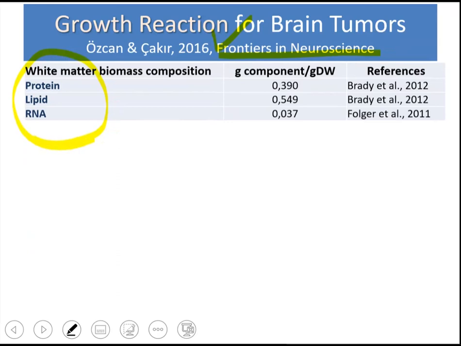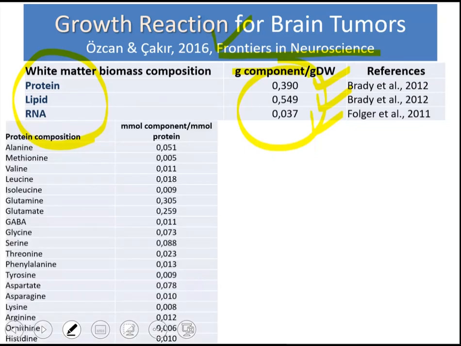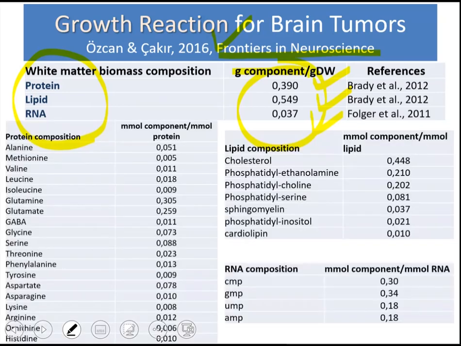Sorry, this was brain cells. And we saw that about 40% is protein, about 55% is lipid, about 4% is RNA, and carbohydrate content is negligible. So we used this information to write a biomass reaction.